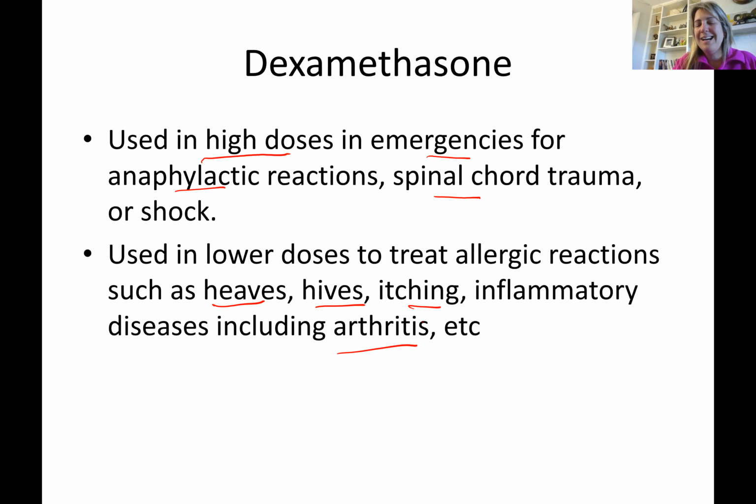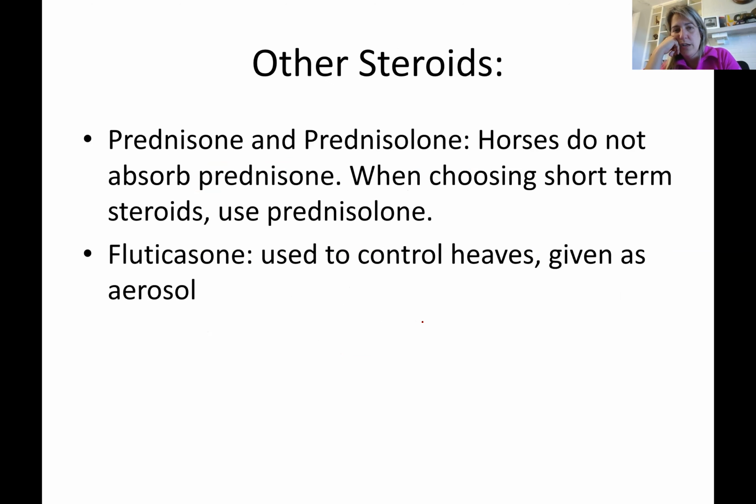Okay. And again, for joint injections, dexamethasone is not very much used because it does cause damage to the cartilage of the joint, but it's generally triamcinolone that is used for that, and it has a long effect also.